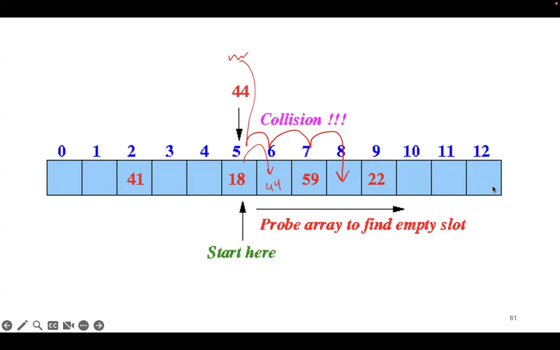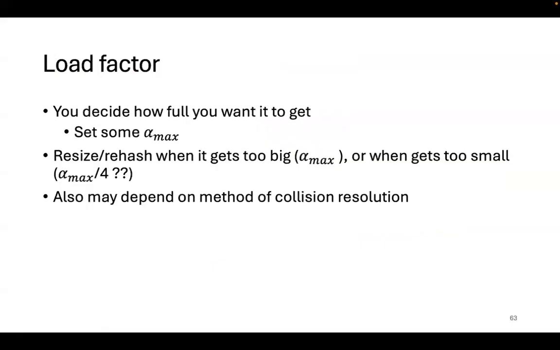And then you as the designer can say, at what point do I want to rehash? At what point do I want to have more space? You are in charge of designing how full you want it to get. So you set some alpha max, maybe 0.6, 0.7, up to you, and then you resize or rehash when it gets too big.